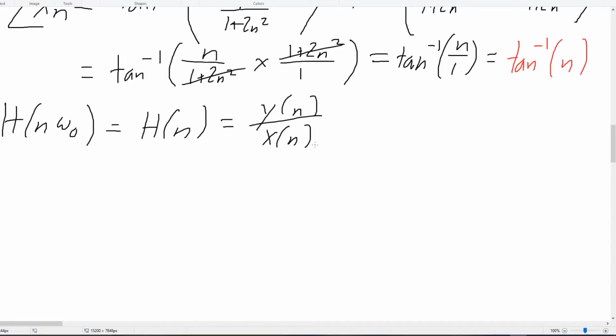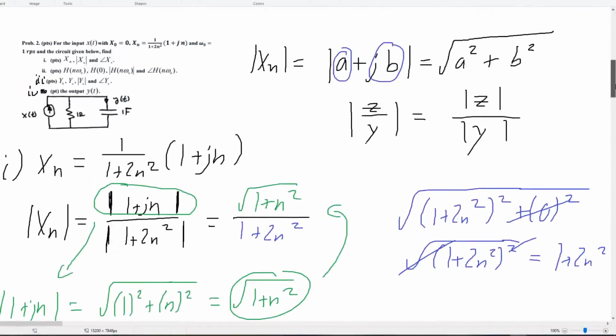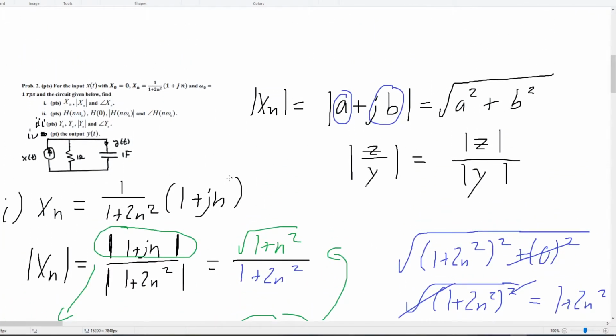The best way to look at this is, well, let's take a look at the problem. This is where we actually use the circuit over here. So we didn't have to use the circuit for the first part, but for the second part, we definitely have to use this. So you have a capacitor in parallel with a resistor.